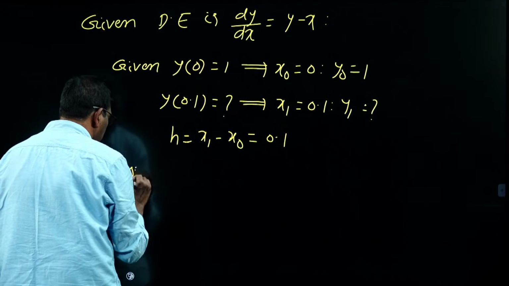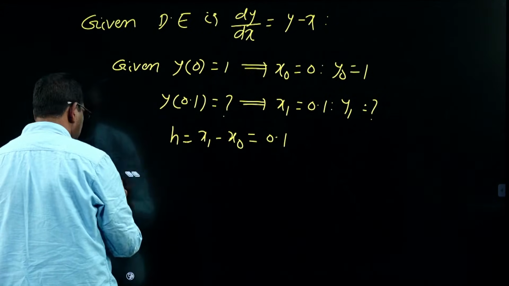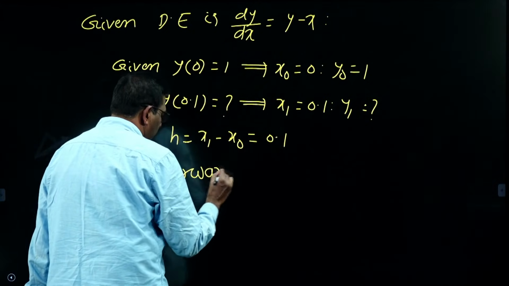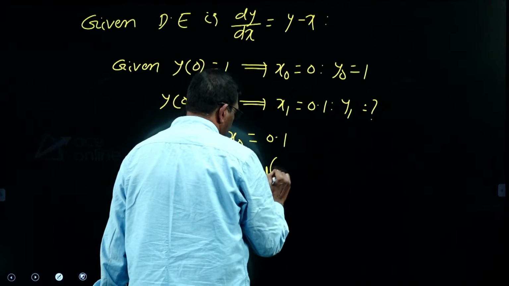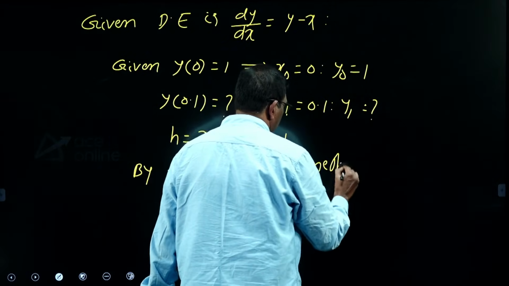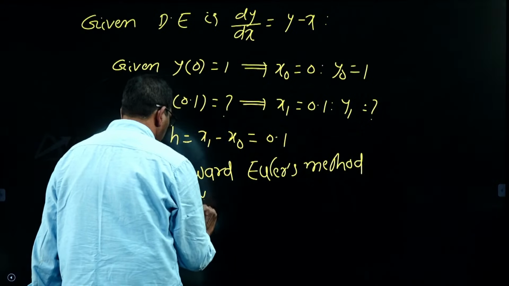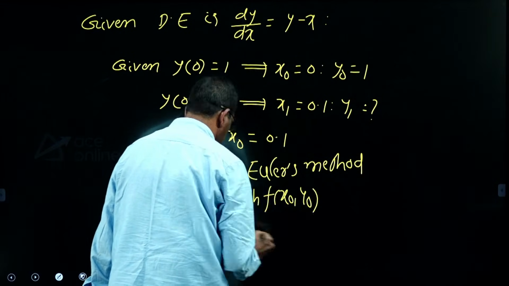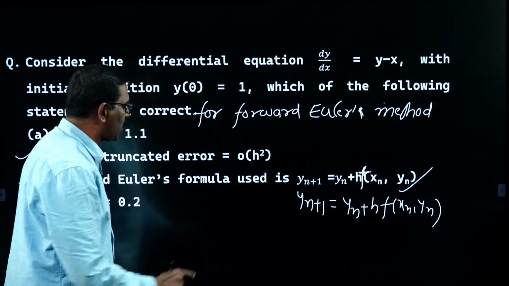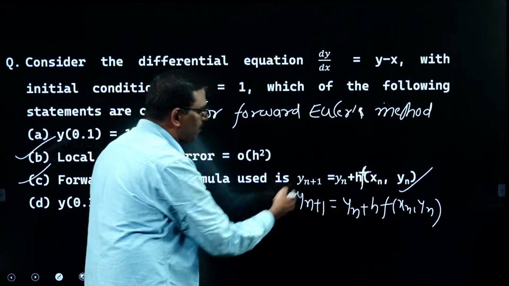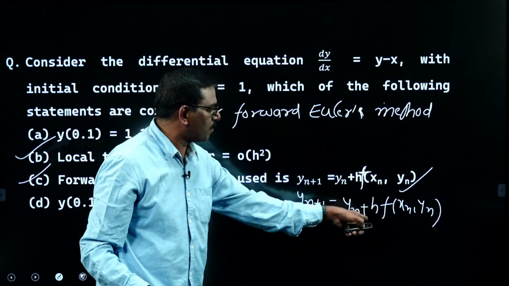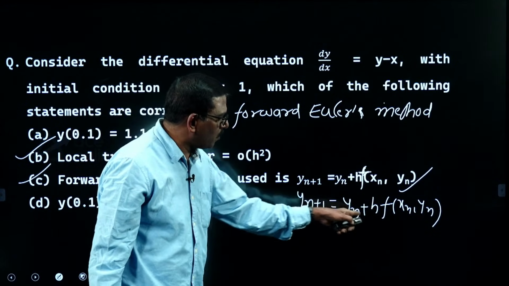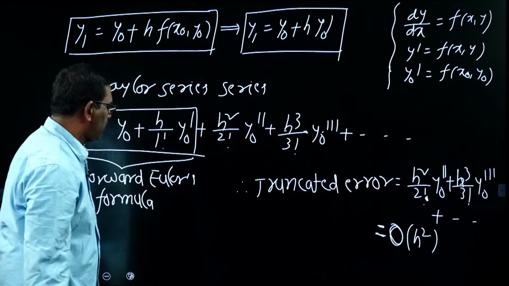Now, by forward Euler's method, what is the formula? y1 is equal to y naught plus h into f of x naught y naught. This is the general formula, yn plus 1. In place of n, if I take 0, y1 is equal to y naught plus h into f of x naught y naught will come. In place of n, if I take 1, y2 is equal to y1 plus h into f of x1 y1 will come. That is the general formula.